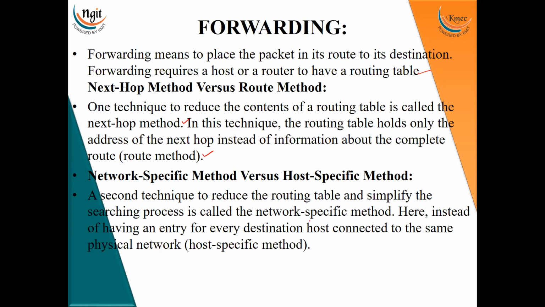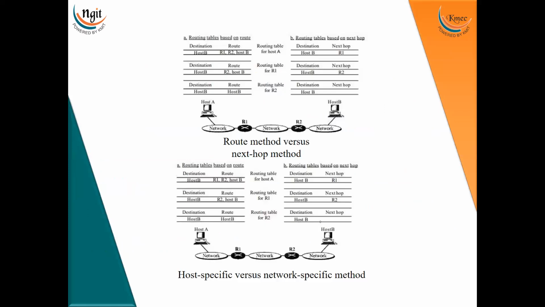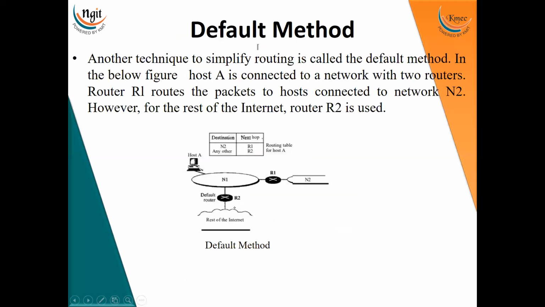This is called the network specific method. Instead of having an entry for every destination host connected to the same physical network, we have one entry. The route method versus next hop method means the same, and in host specific versus network specific we have different routes. And what is the default method we have?